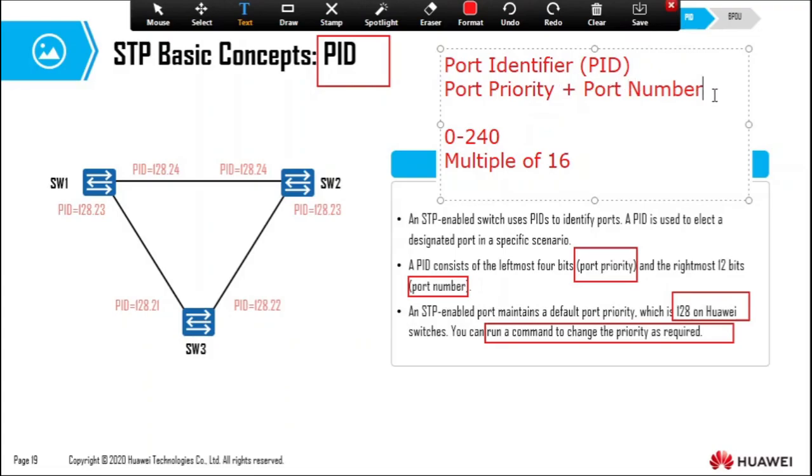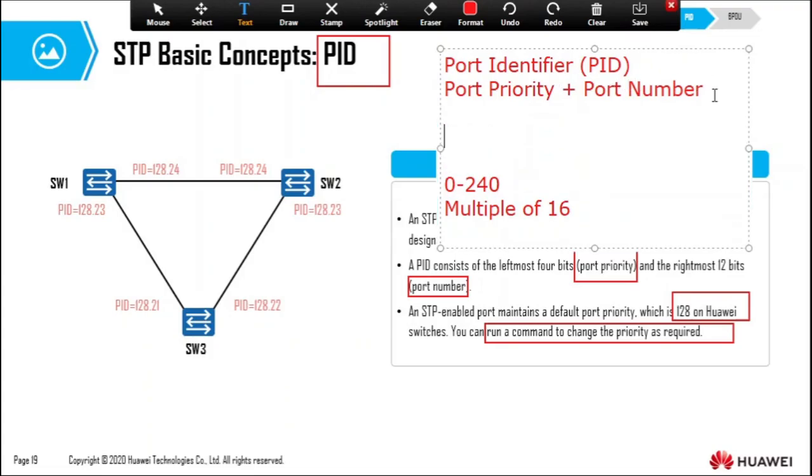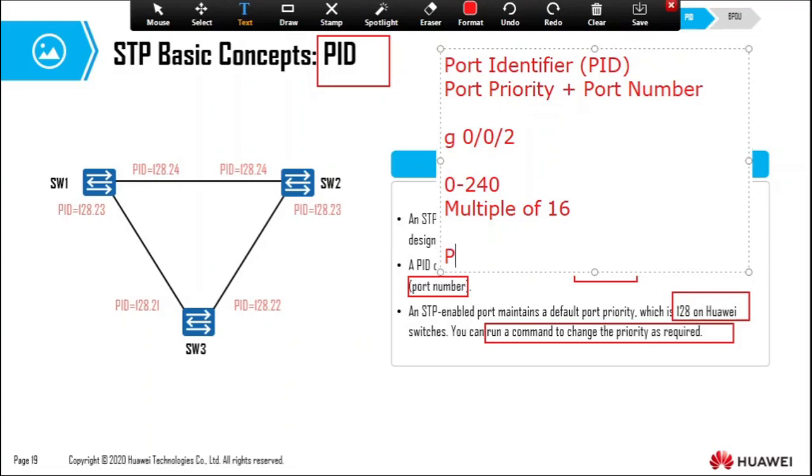The port number, for example, if you have a port whose number is Z002, then the port number is 2. So the PID for such a port, if the priority is 16 and the port number is that, then the PID will be 16.2.